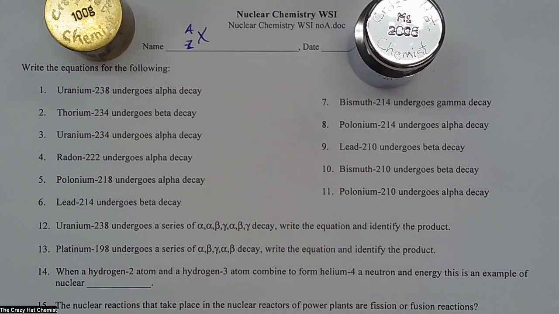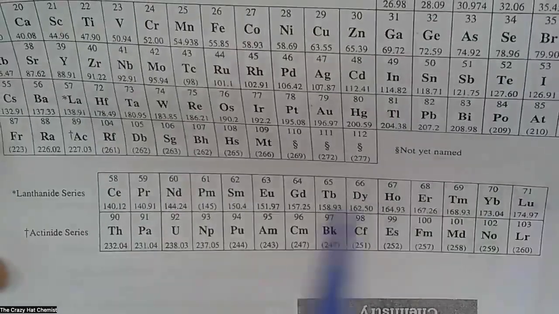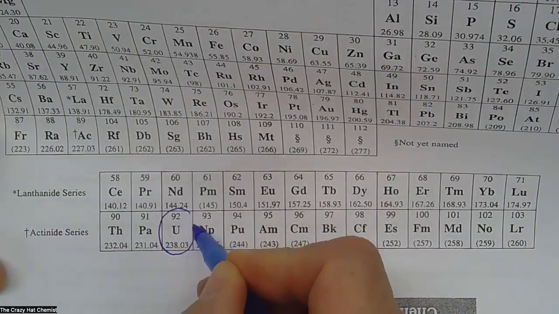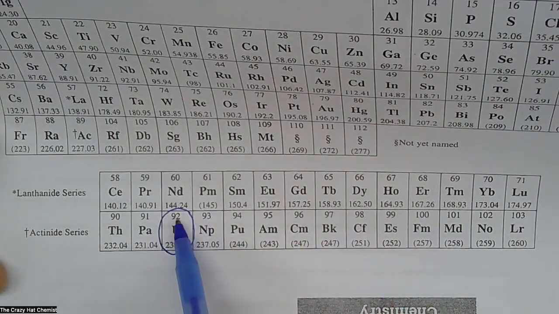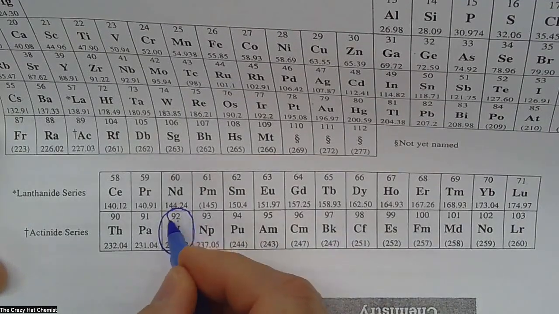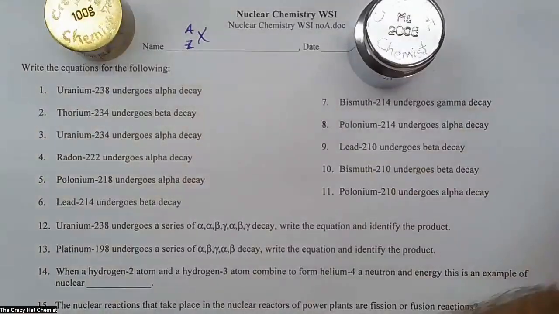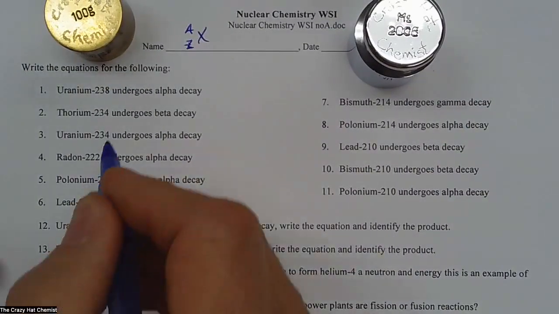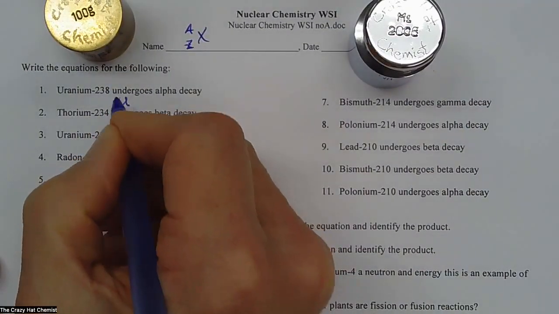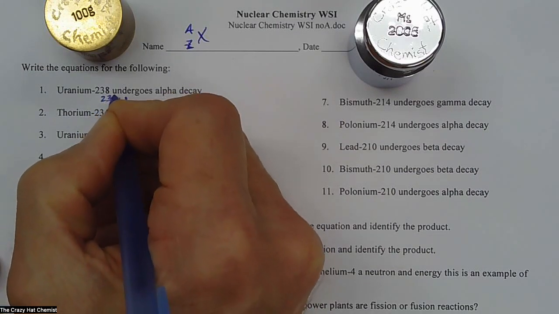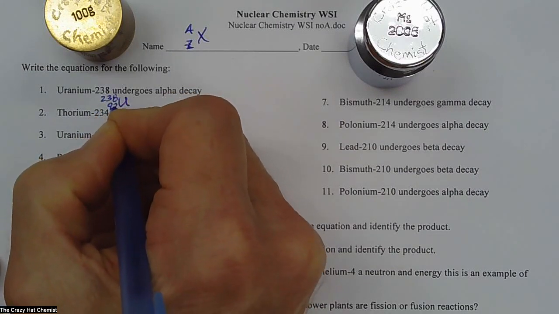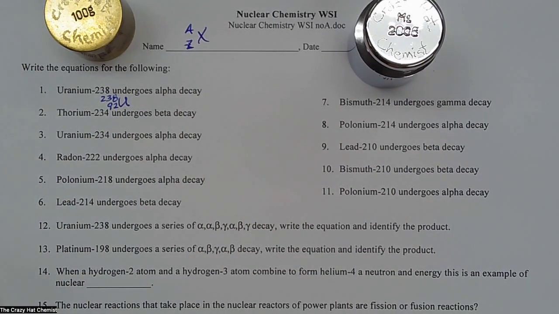Uranium is a U on our periodic table. We can verify that really quickly: there's uranium, and that is atomic number 92. That's going to be critical here. So we've got uranium 238, and 92 is the atomic number.